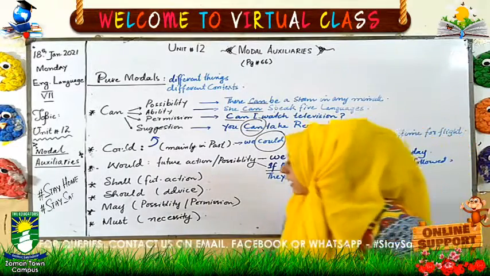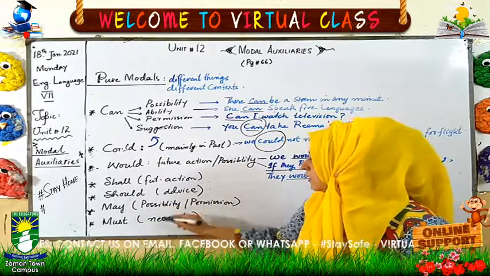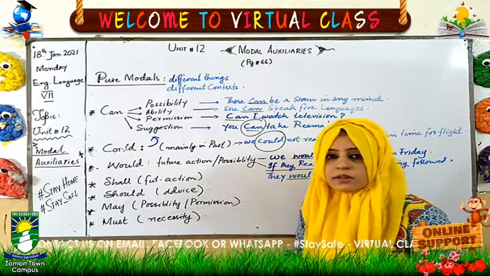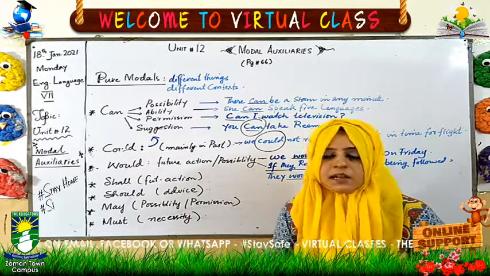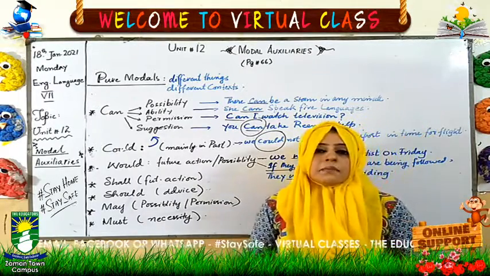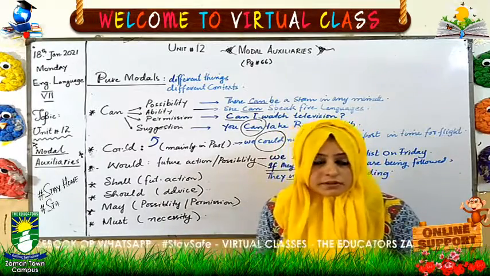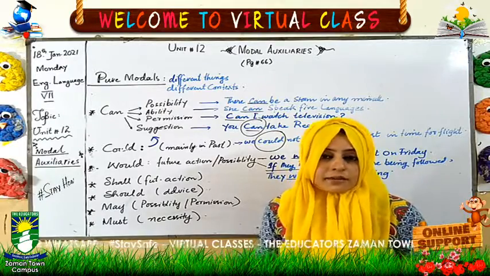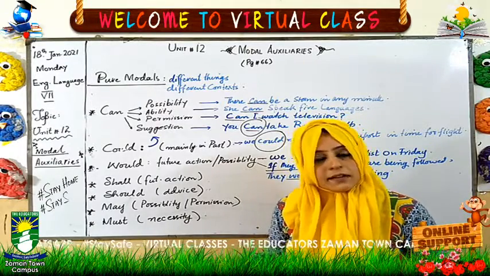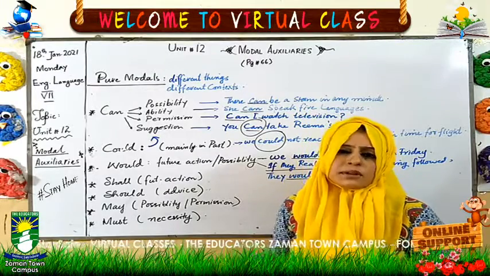Then we have one more, may. We can use it for possibility and for permission. Along with possibility, it would be: children may get this knowledge. Children may get this information, or may not get this information or this topic, whatever the subject is.